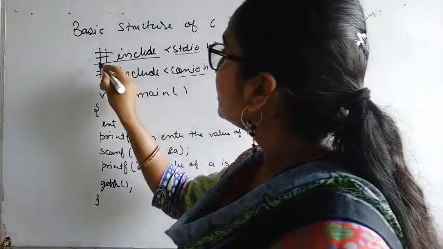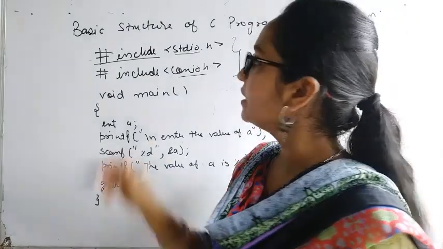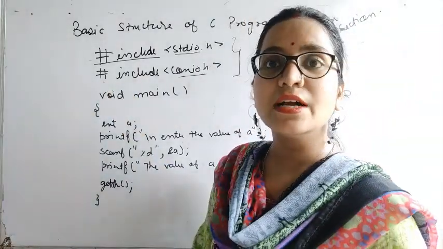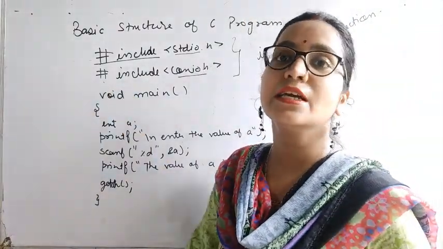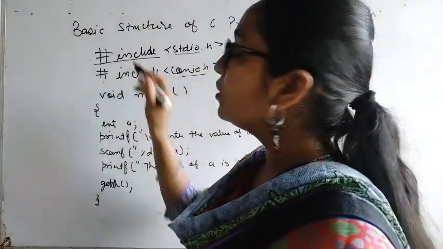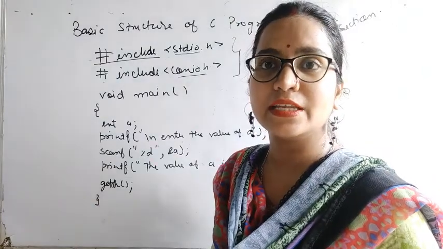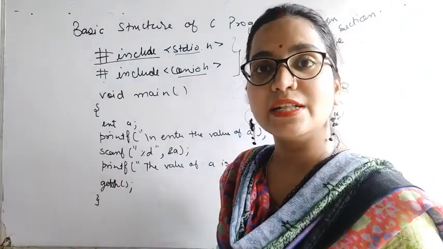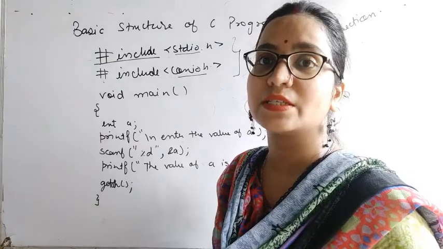So if this statement starts with the hash sign and this statement starts with the hash sign, both these statements are preprocessors, or preprocessor directives. Hash include is a type of preprocessor. There are hash define, hash if else, and many more preprocessor directives.